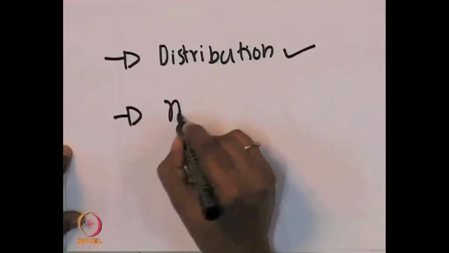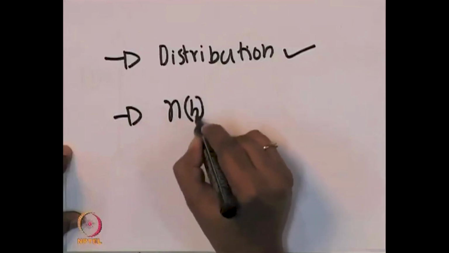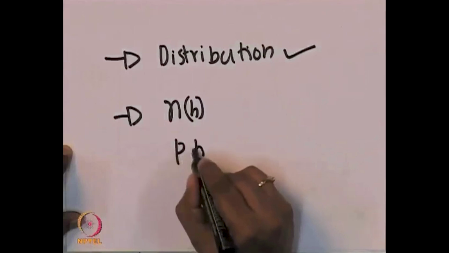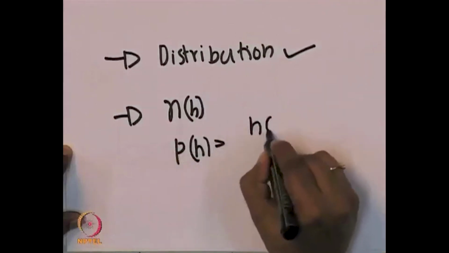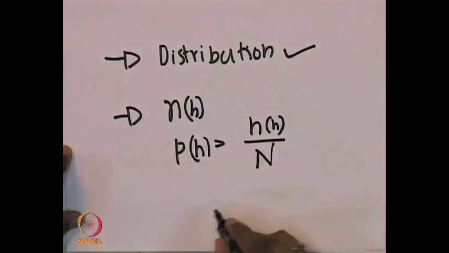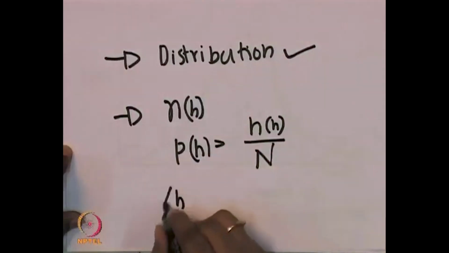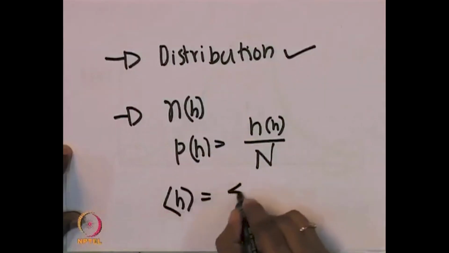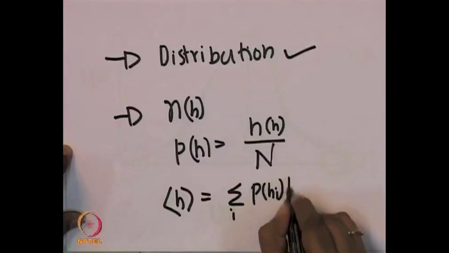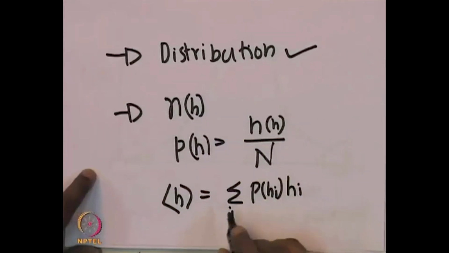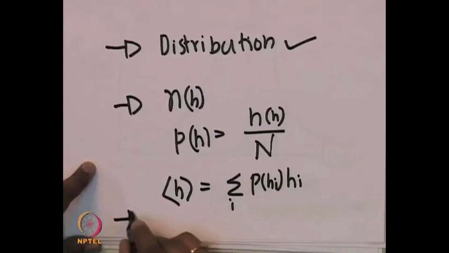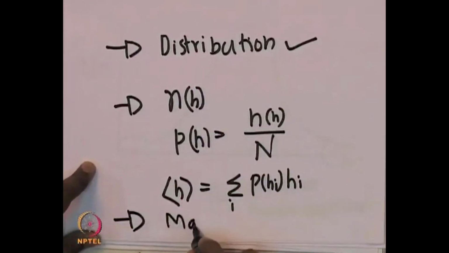So, if you know this n of h, the number of students having height, we can define probability distribution P of h as n of h divided by the total number, and we can define averages by sum over i P of h i times h i. We can also define standard deviation in this particular fashion, and there are many examples in biology.